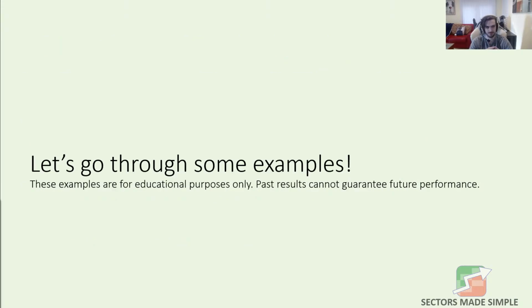Now, before I go anywhere, I need to say this. These examples are for educational purposes only. I am not recommending that you take this strategy and go use it and say, hey, Jonathan told me this strategy. I want you to see these as examples of strategies that exist. There is no one perfect strategy.